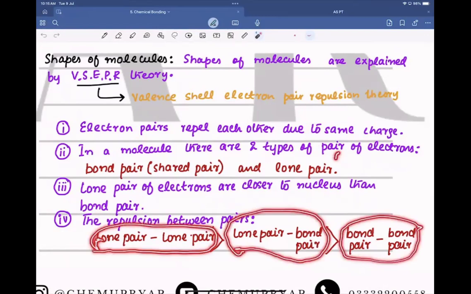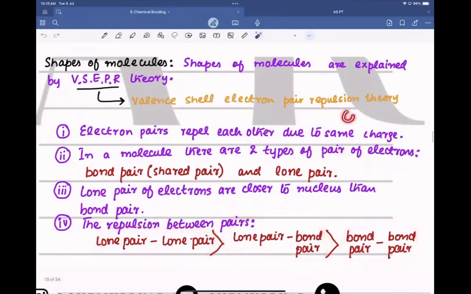So it means, for example, if I take the example of oxygen from water, let me do this. See, the angle between these two lone pairs would be the greatest because these are the lone pairs and they repel the most.